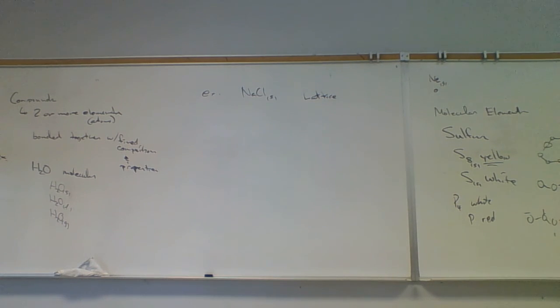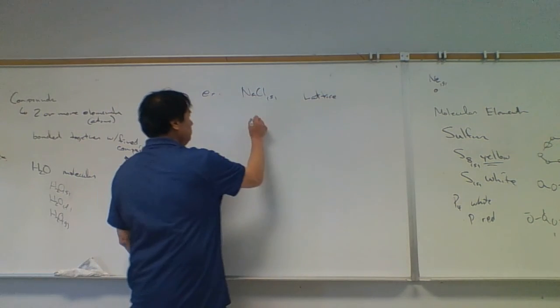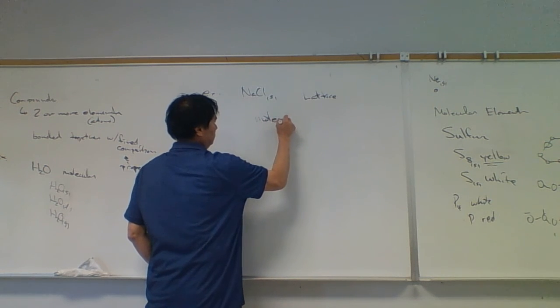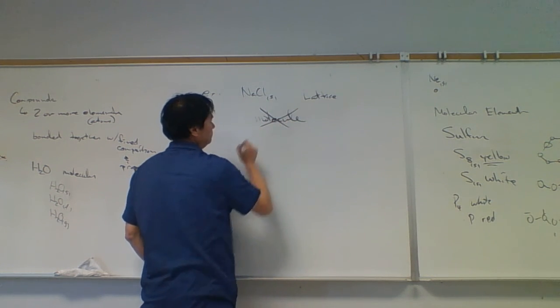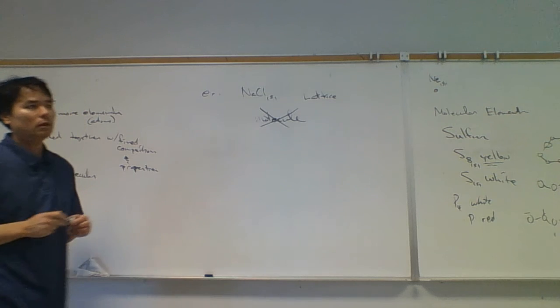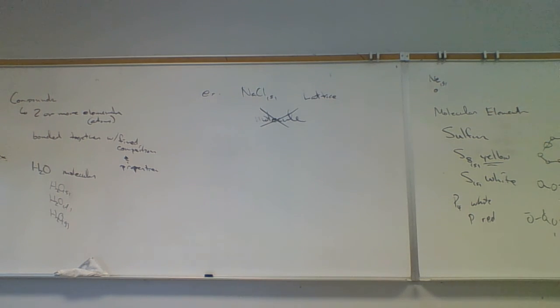There's no such thing as a molecule of salt. It does not form molecules. Well, it could in gaseous and rare states, but when you put salt in anything, it occurs as this. So here are some salt crystals.